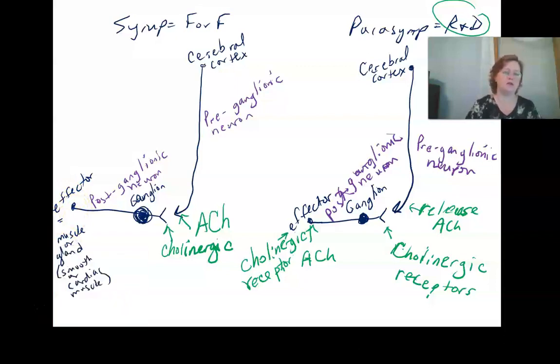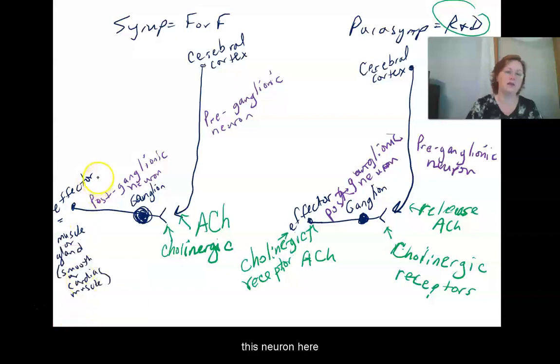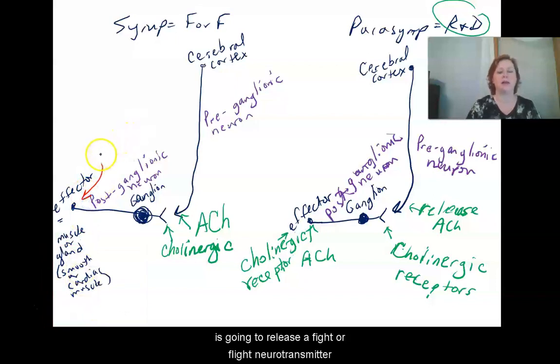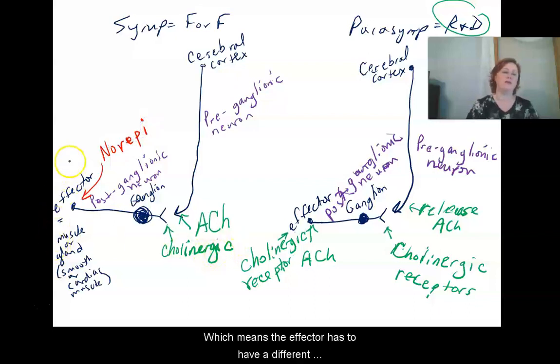So this neuron here is going to release a fight or flight neurotransmitter called norepinephrine, which means the effector has to have a different mailbox to receive that neurotransmitter.